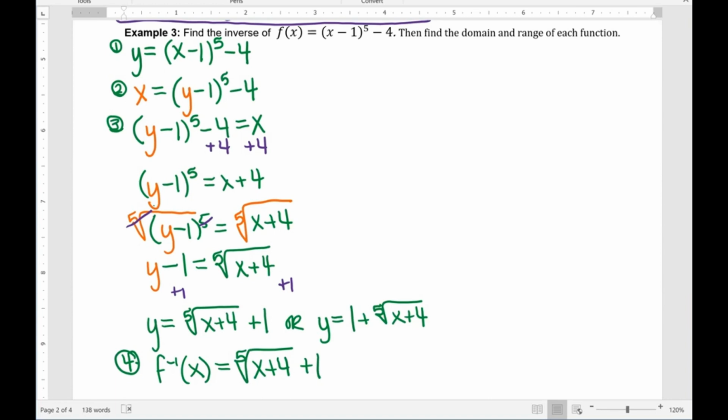So this time we have a radical equation for our inverse. It is not a polynomial, but that's okay. We can still find the inverse.